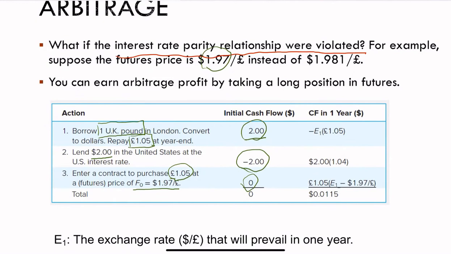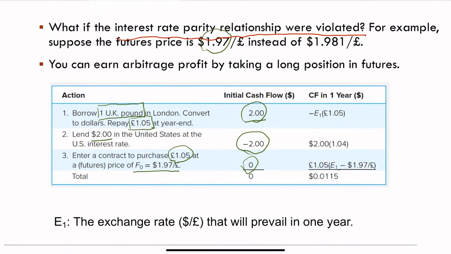Now let's see what your cash flow is at the end of the year. We know that you have to pay back the £1 borrowed from London, and its interest, and we have 5% interest.